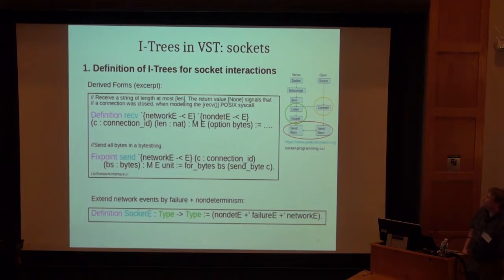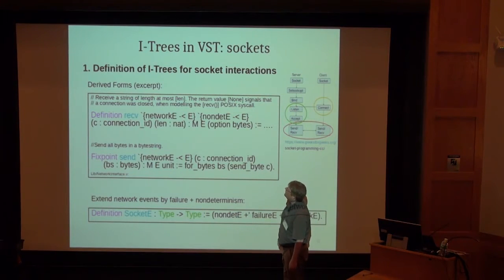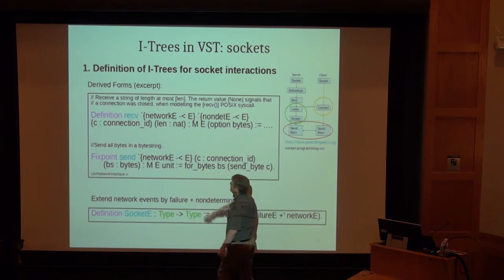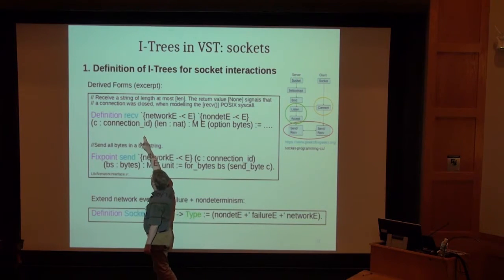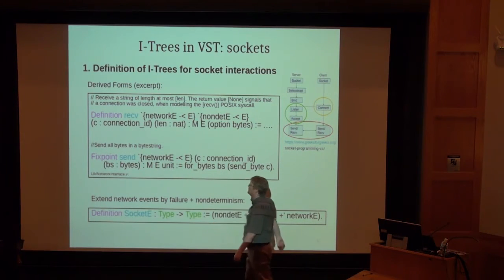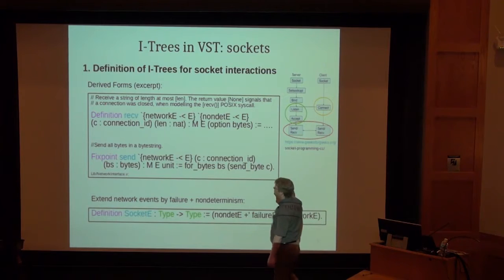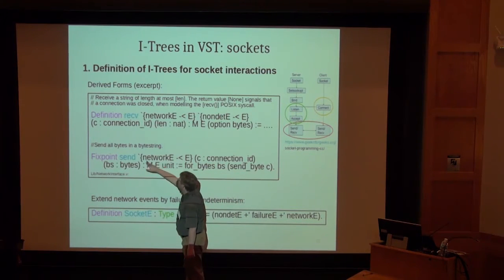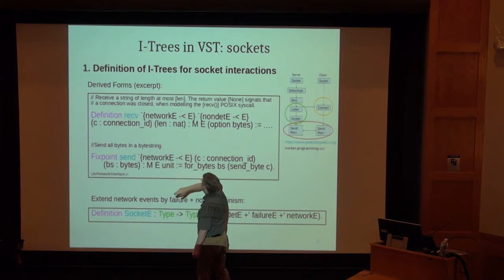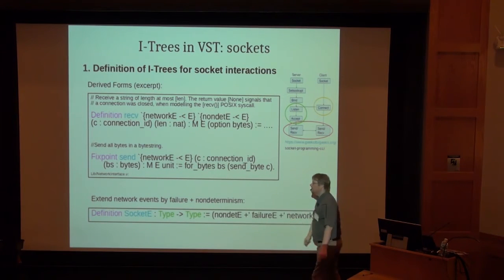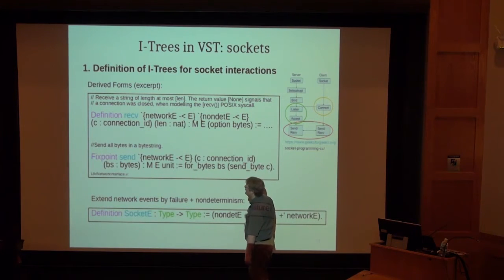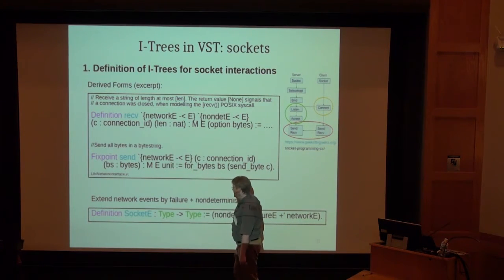Then using some of the type class magic that Benjamin introduced already, we can define slightly more convenient variants of these operations that allow us to embed these network events in any other more general type of events. And that's quite useful because in the end, we don't want to use the network events directly, but what's called here socket events.